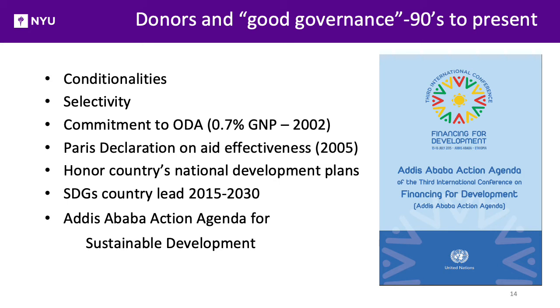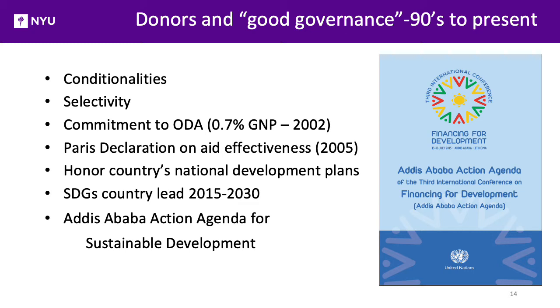Good governance indicators from the 1990s to the present, which is what we're in, brought us conditionalities and selectivities, and also commitment to ODA, which was the 0.7% GNP, which we previously discussed.